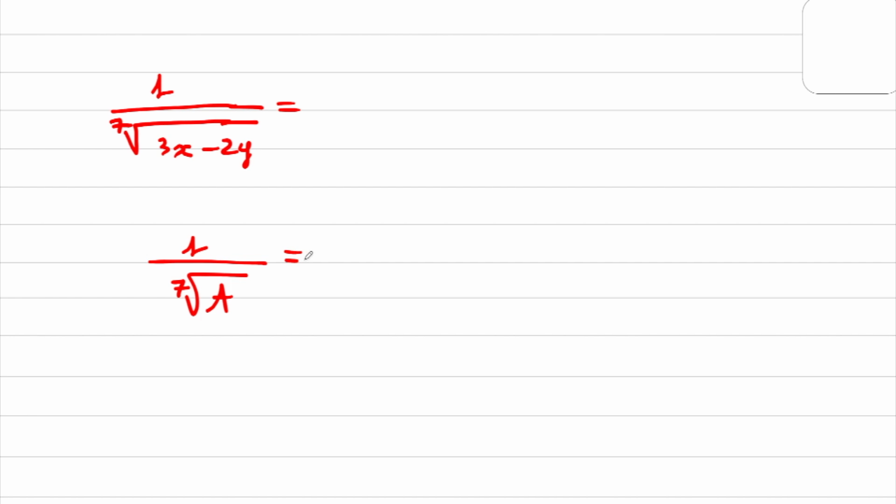Okay. And a little easier one, you will have 7th root of 3x minus 2y. Only this one. How about 1 over 7th root of a? You will get 1 over a to the power of 1 over 7. And then you got a to the power of minus 1 over 7.